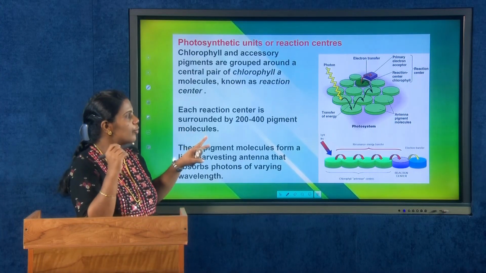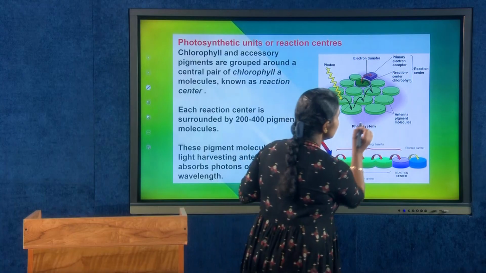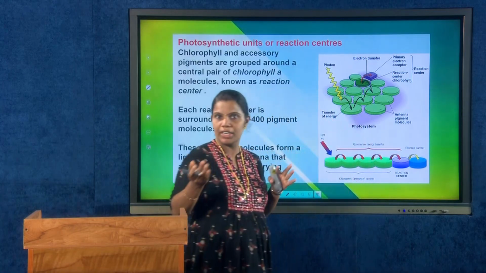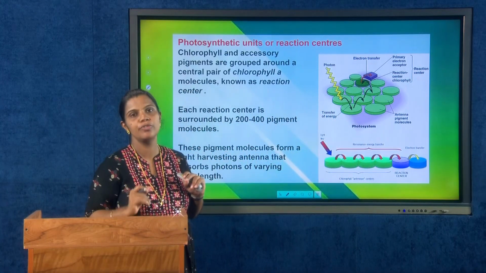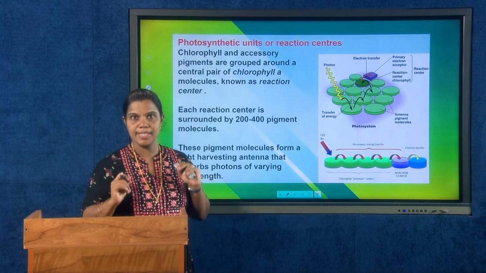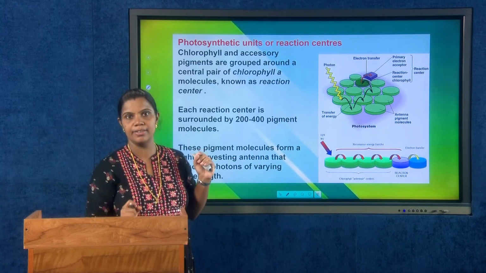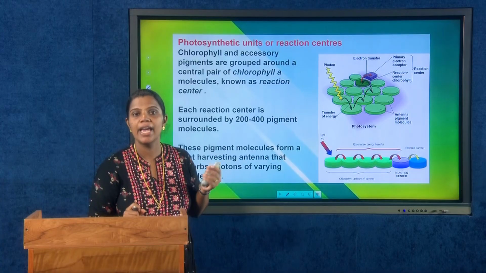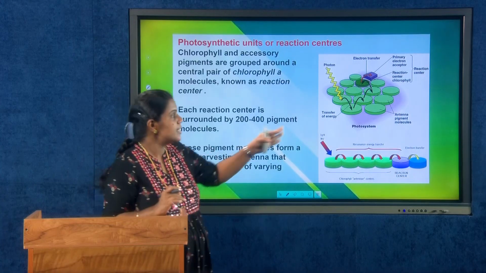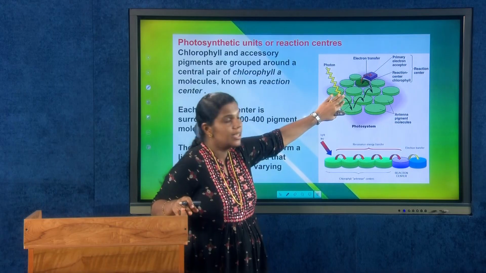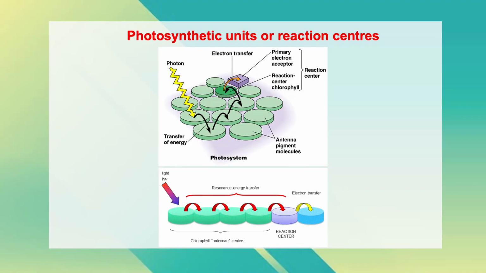Here we have the chlorophyll A molecule, that is chlorophyll A, B. So whatever chlorophyll is present, the pair of chlorophyll pigments is the central active center, and surrounding it we have other pigments. That means this reaction center is surrounded by about 200 to 400 other pigment molecules.